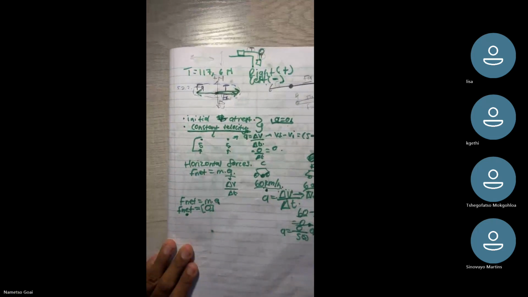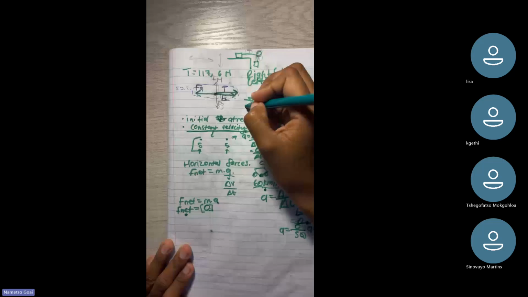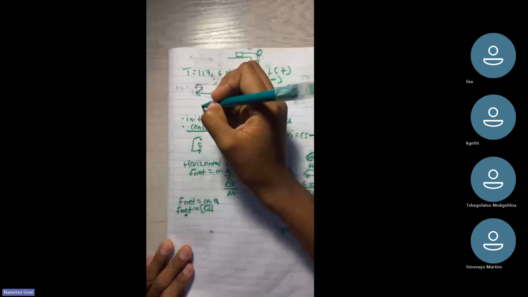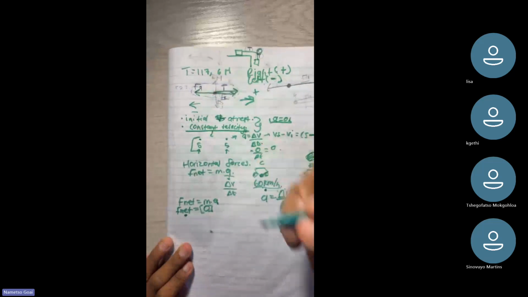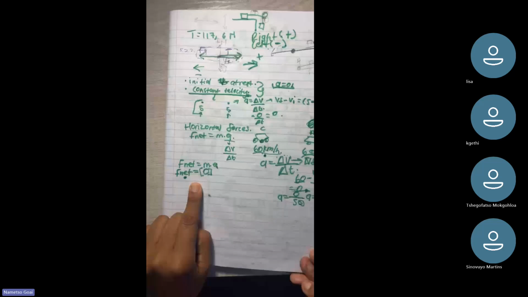This way, it's positive. That way, it's negative. How are we going to substitute here?